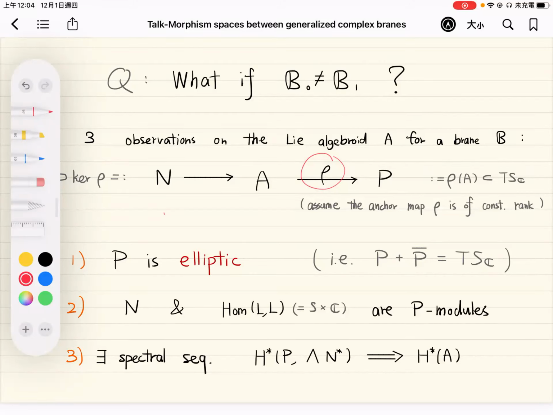And also we have a kernel of the anchor map, I will call it N here. It's inside the conormal bundle of the submanifold.